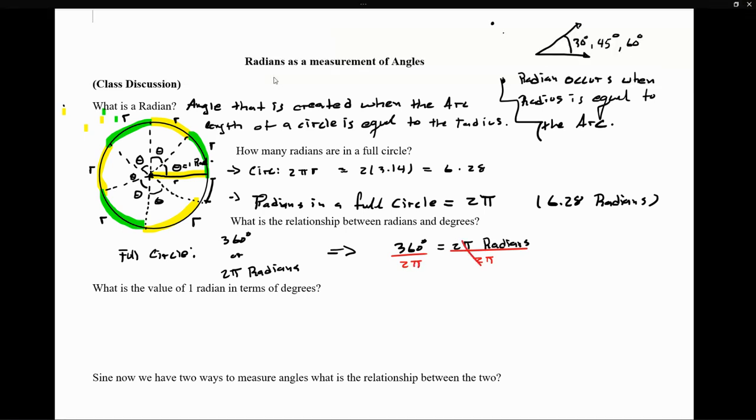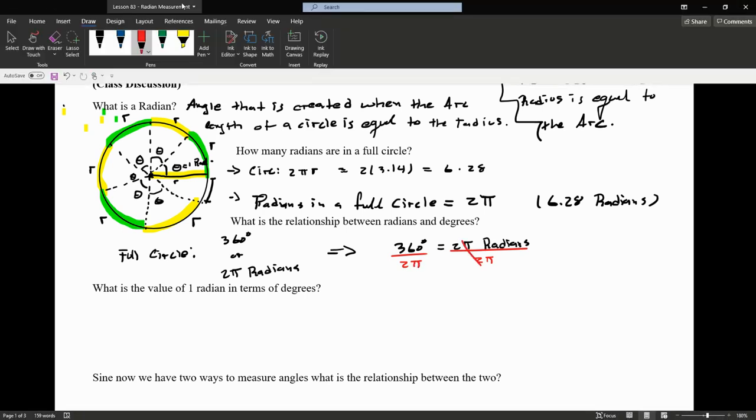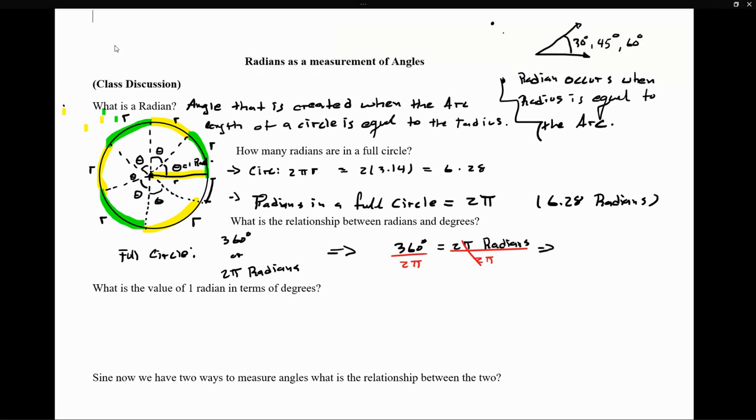And by doing this, what we have actually said now is that 1 radian is equivalent to 360 over 2 pi, which is approximately 57.29 degrees.